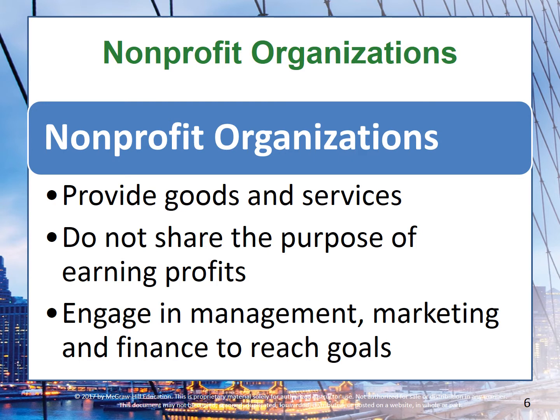Like all businesses, nonprofit organizations still engage in the same cycle that profit organizations do: management, marketing, finance, that help them reach their goals. Some of the nonprofit organizations that the book talks about are Habitat for Humanity, National Public Radio, Red Cross, and Special Olympics. All of those are classified as nonprofit organizations.